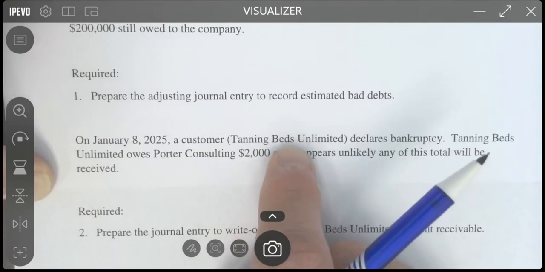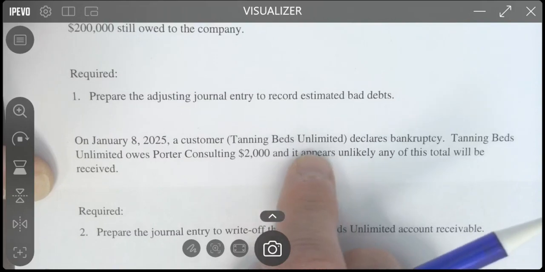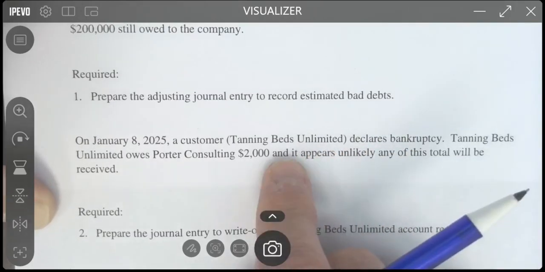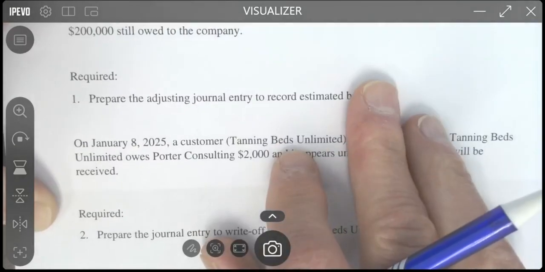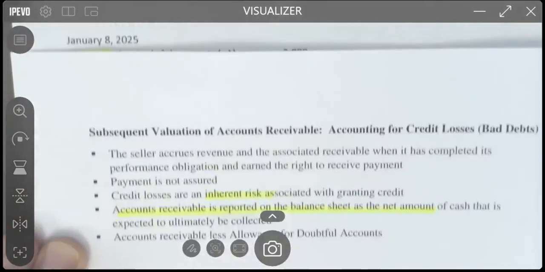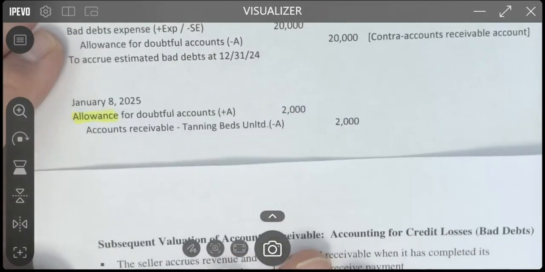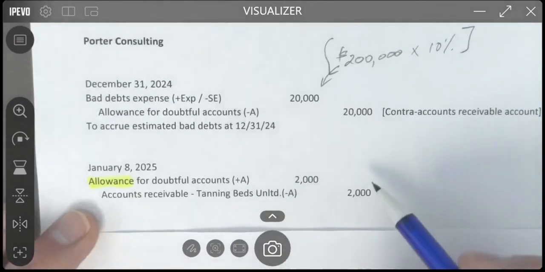If we can get anything out of bankruptcy, or they do what we call a reorganization bankruptcy and get back to profitability, then they still owe us this amount. But for now, we're assuming it will not be collected based on that evidence that they declared bankruptcy. And so now we have learned one of the particular accounts that's going to prove uncollectible.